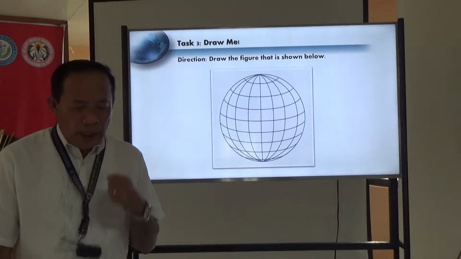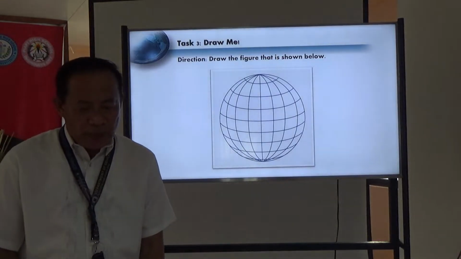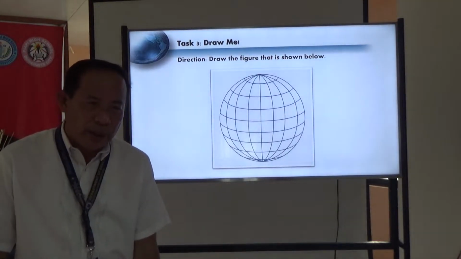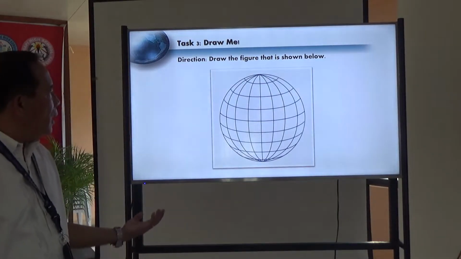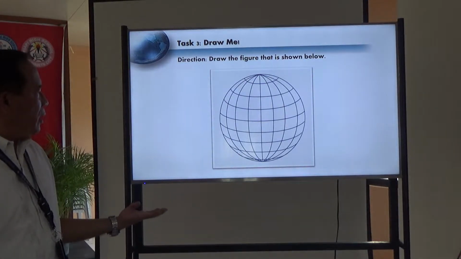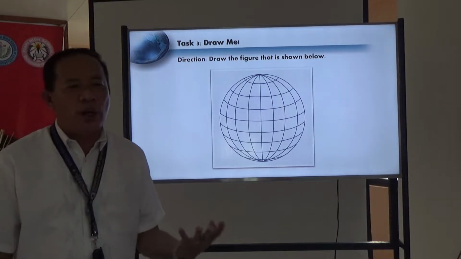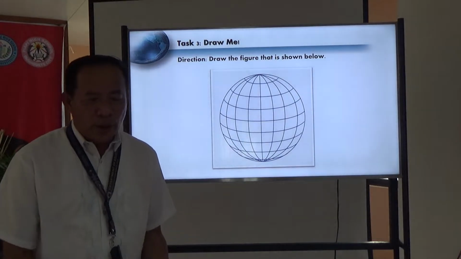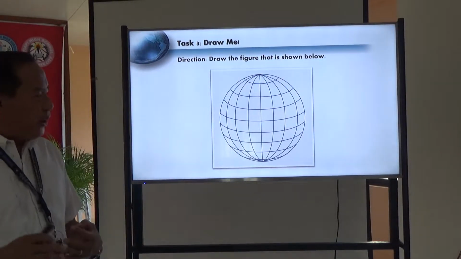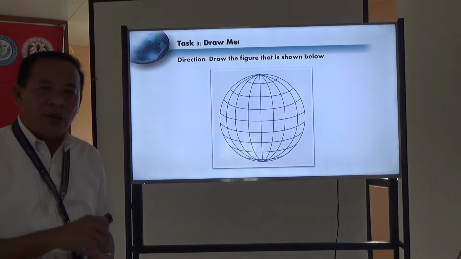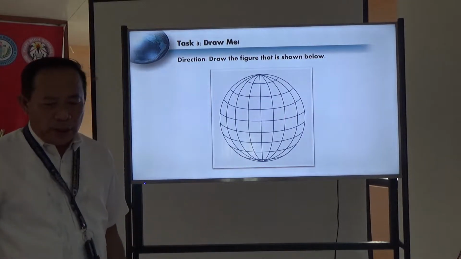Okay, let's have another activity. On a sheet of paper, I want you to practice drawing the lines described here in the figure that is shown in the monitor. I'll give you about 3 seconds to do the activity. What you will do is only to exactly follow what you have seen here on the monitor.